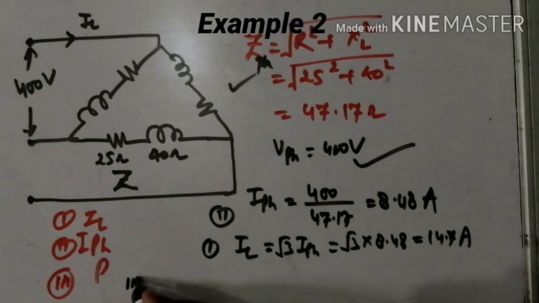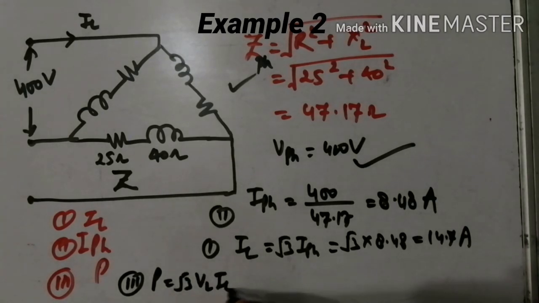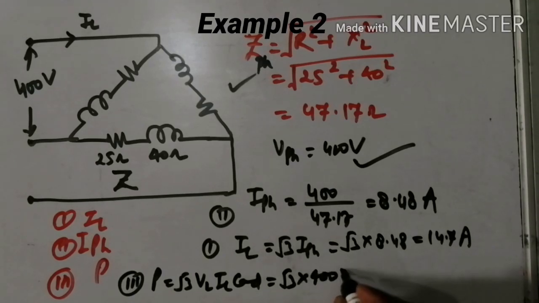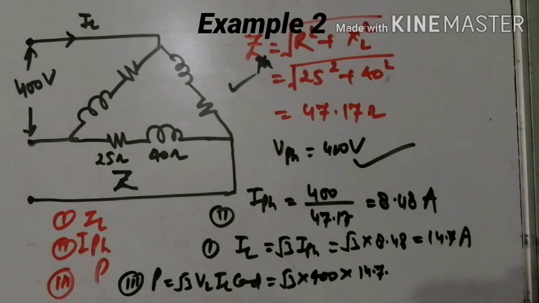Now see the third part, that is power, which is root 3 VL IL cos phi, under root 3, 400 into 14.7 into cos phi. Cos phi is nothing but R upon Z, that is 25 upon 47.17. After the calculation, it is 5397.76 watt.